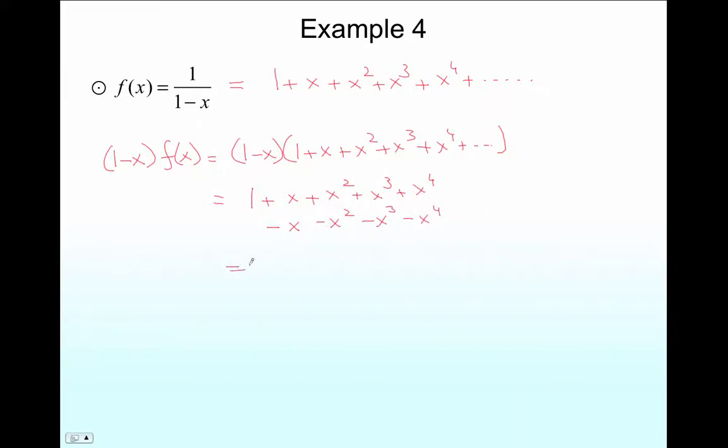So all of these terms are going to cancel, this with this with this, and so forth. So we're going to get 1 at the end. Now, we could have easily done this with just taking derivatives as well, but that would have been longer.